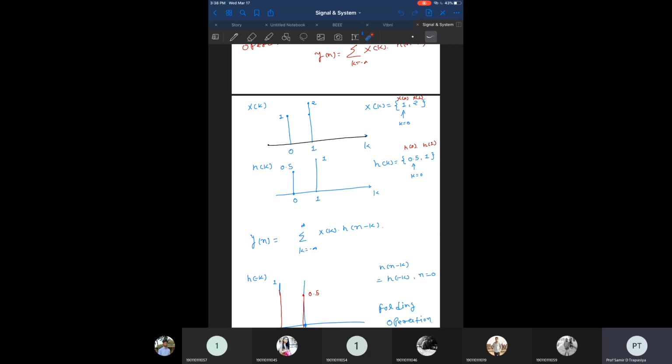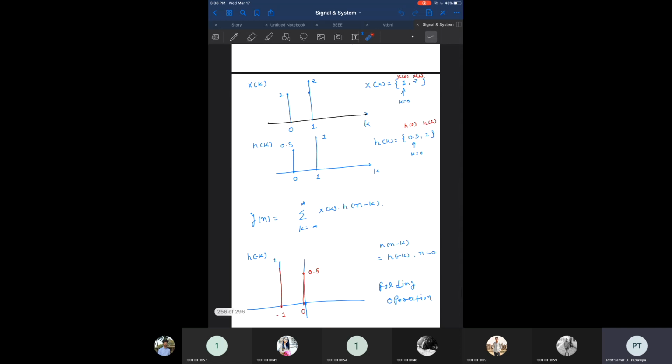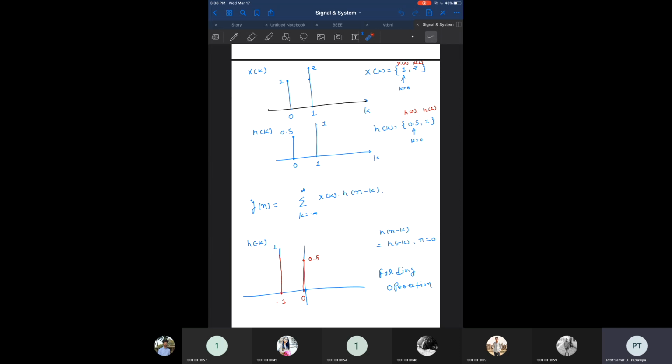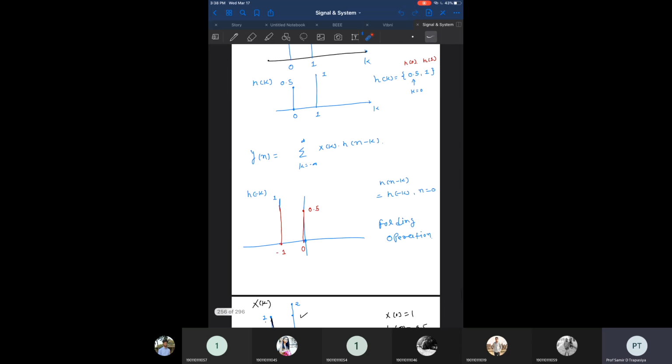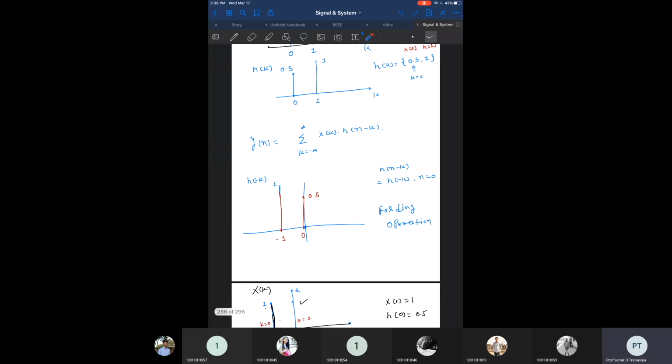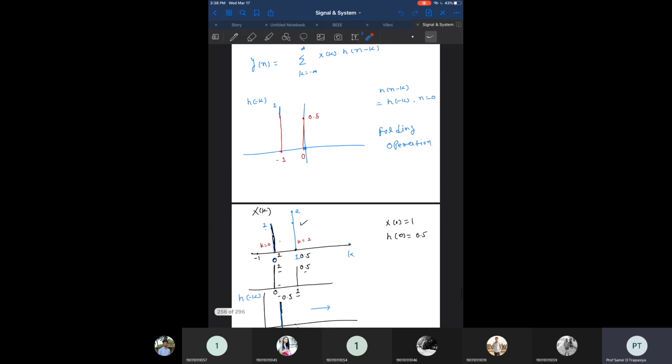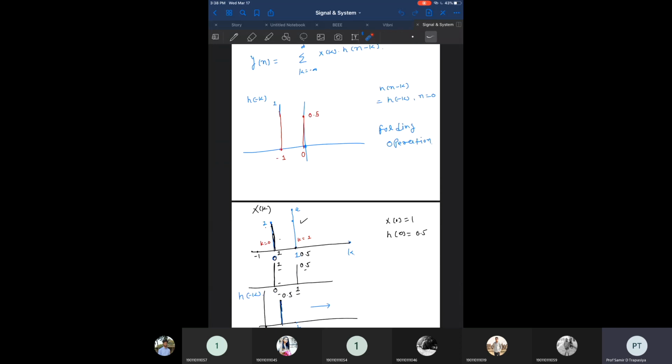H of k is represented with two values: 0.5 obtained at k equal to 0, and at k equal to 1 we obtain 1. So h of k has the values 0.5 and 1. We have x of k and h of k, so we apply this operation, x of k into h of n minus k, to produce y of n. After doing this operation, we studied basically two methods.